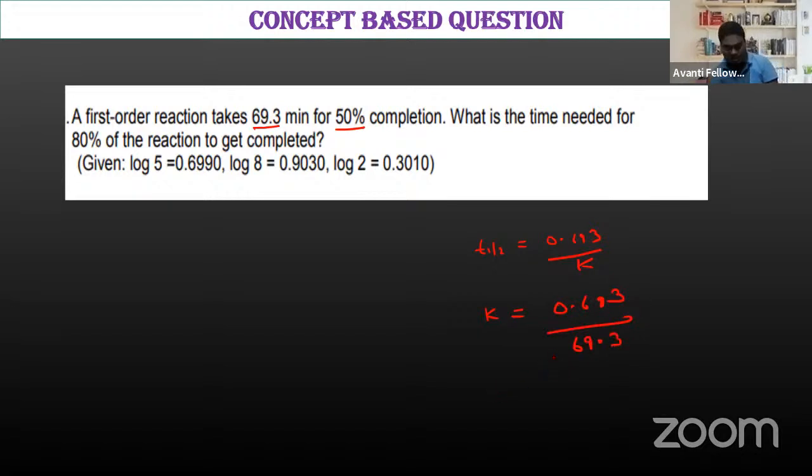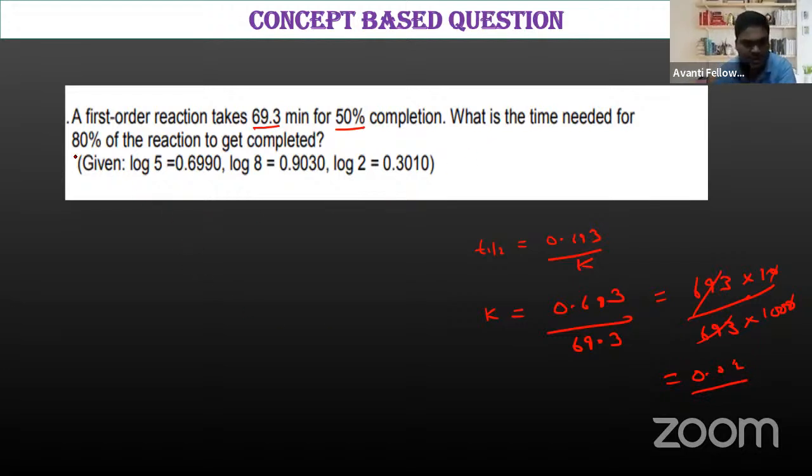So from here you will calculate the value of k. How will it come? It will come like 693 above and 693 below, with a 10 in the numerator, and in the denominator 1, 2, and 3. So these cancel each other out and we get 1 by 100, or we say 0.01. So k comes out to be 0.01.